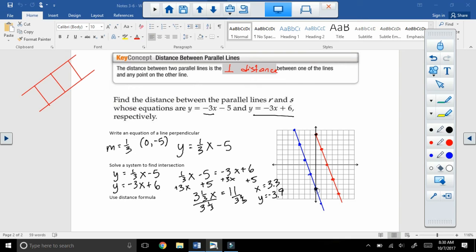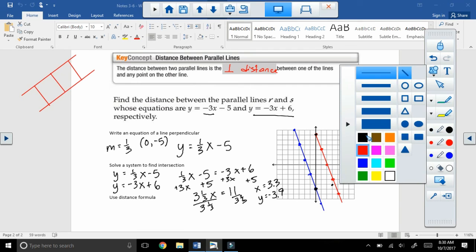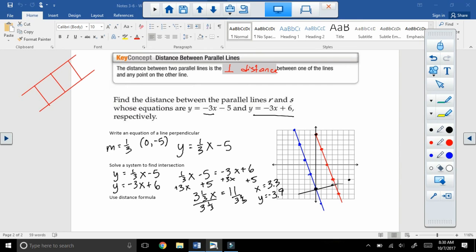Again, this one doesn't work out quite as nice. And if I do the graph of this and I draw in this slope, I'm going up 1 and over 3 and up 1 and over 3. Again, you can tell here where that intersection is, and it's not on one of those exact coordinates.